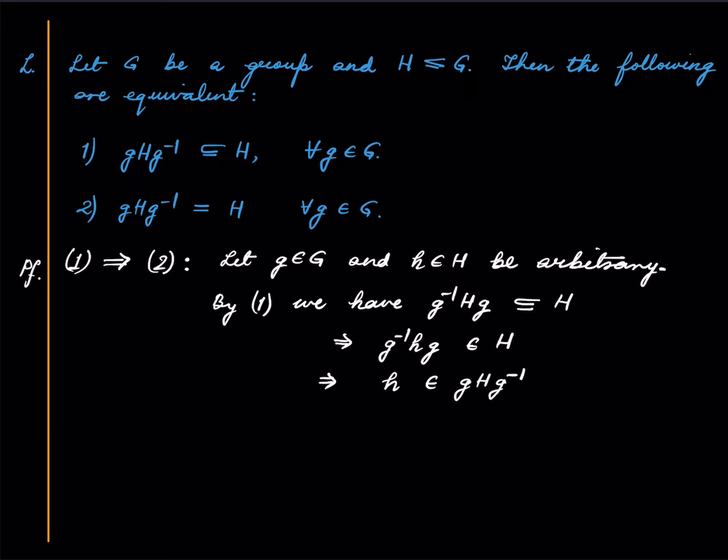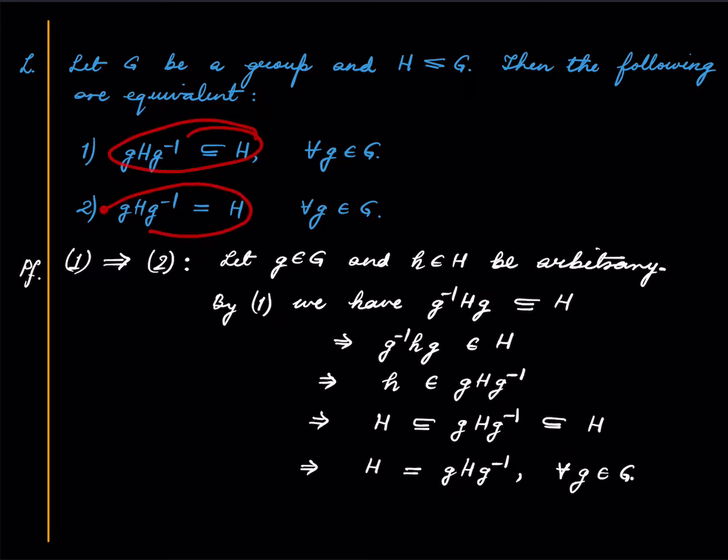And that's it. So since h was completely arbitrary, we have this containment. And by 1, this is also contained in H. So this sandwich gives us that actually we have an equality. Thus, H is equal to gHg inverse and g was also completely arbitrary. So this is for all g, and we are done. So this weak looking thing is actually an equality.